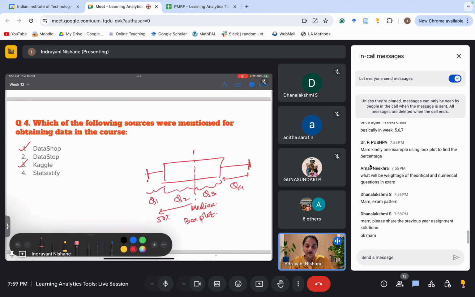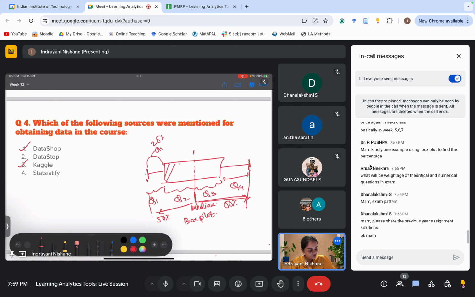Yeah. So 50% of our data points will be lying from this point to this point, the bottom 50%, and the top 50% will be from this middle value to this highest value, right? Each quartile, Q1, will have 25% of data points.